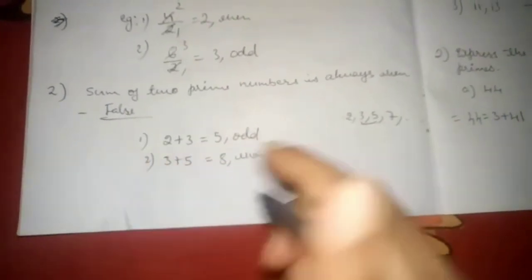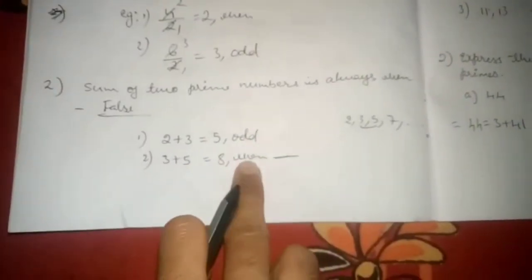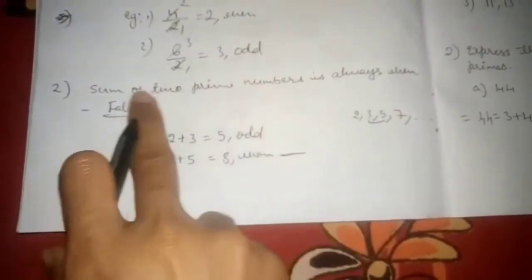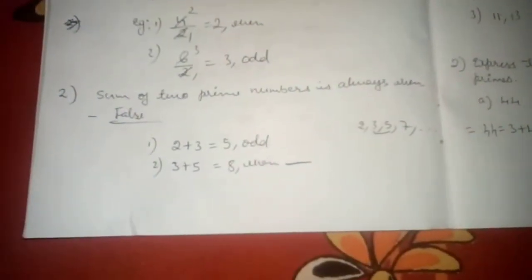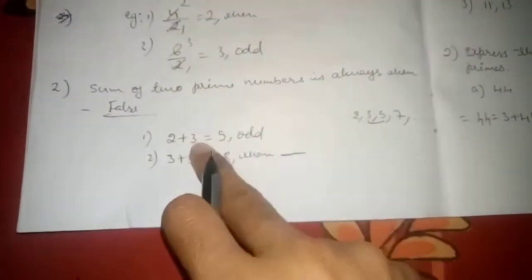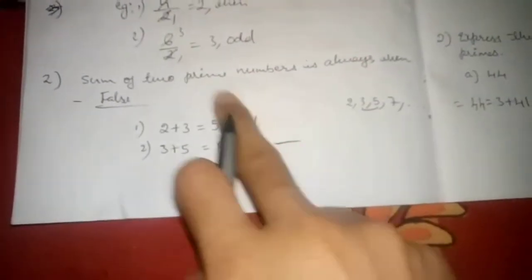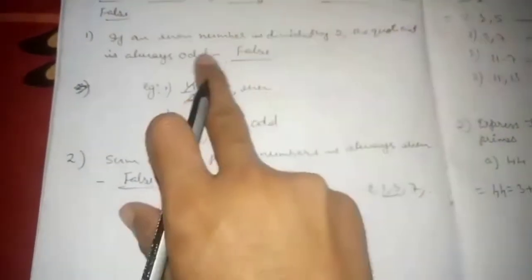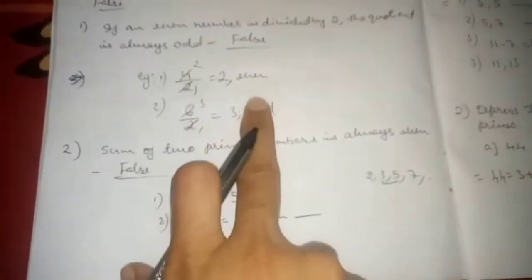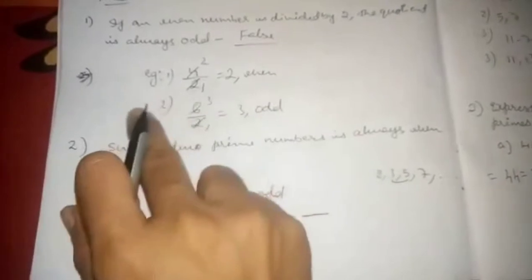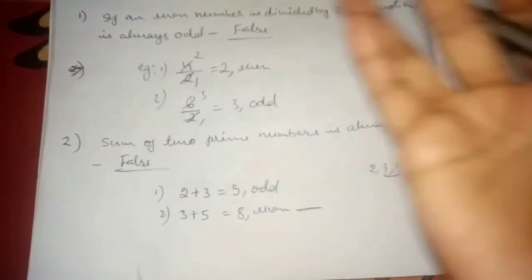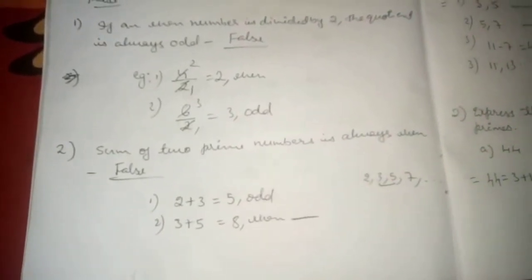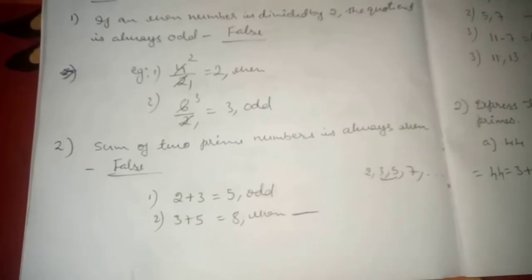If you had taken only that one example, you might have said this statement is true, and that becomes wrong. So you took two examples and came to know this is a false statement. Same way here also: the quotient is odd, but you will get odd and even also. If you had taken only one example, you would have said it is true and your answer would be wrong. So you have to take 2 or 3 examples to verify it.